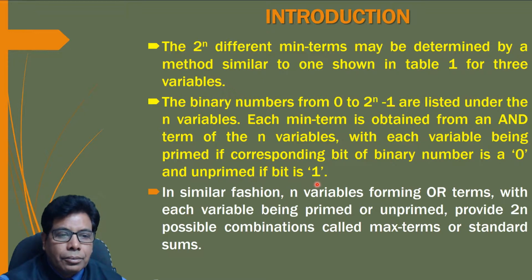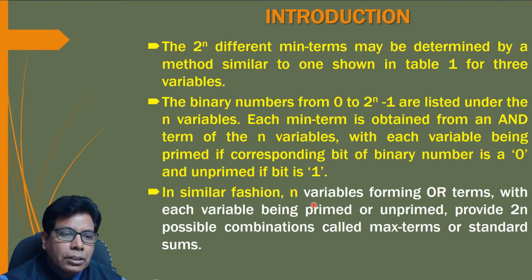So this we have to understand. If we take 3 variables, 2 raised to n minus 1, that is 8 minus 1, will be 7. Whatever MINTERM it will be, it is obtained with each variable being primed if its corresponding bit is 0 and unprimed if it is 1.